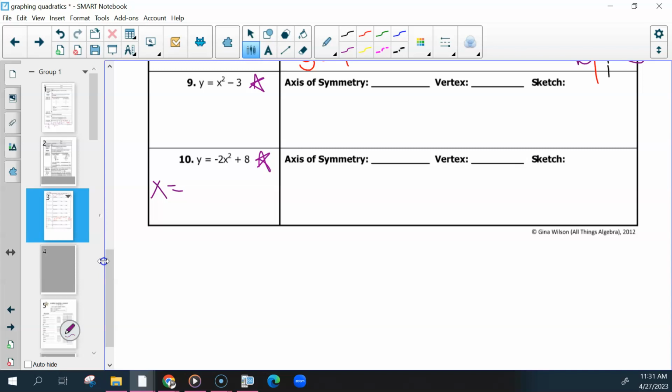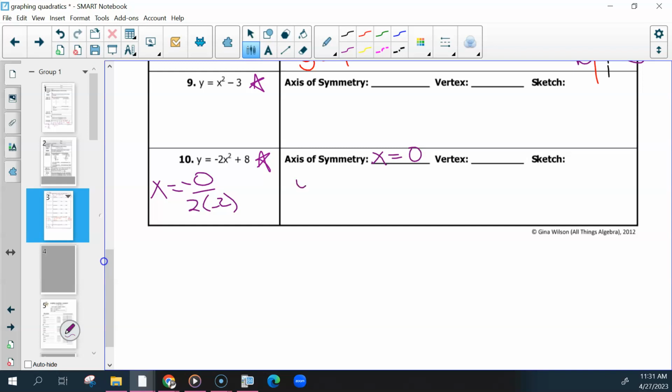So if we're putting 0 in, what would our axis of symmetry be? 0. If it's negative 0 or 0 over anything, it's still 0. So that's one thing that's nice. Anytime you don't have a B value, your axis of symmetry is always going to be 0.